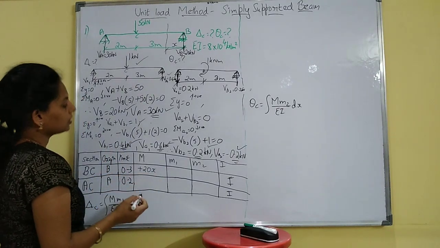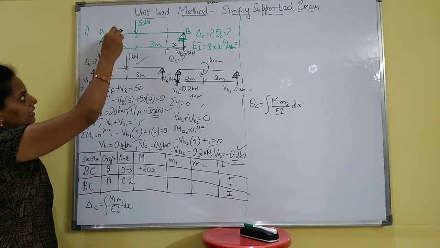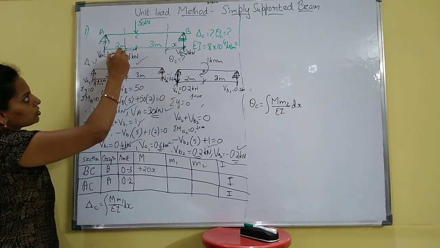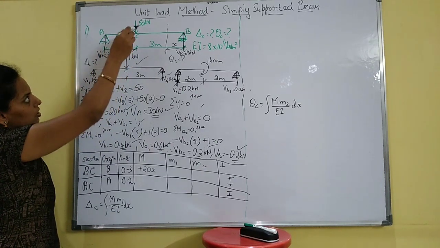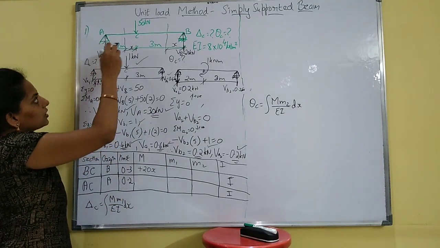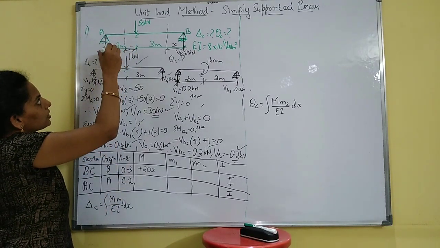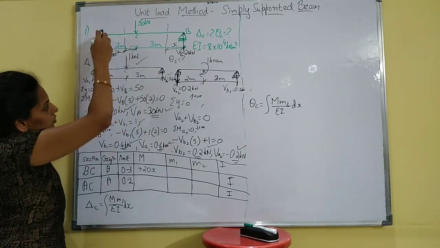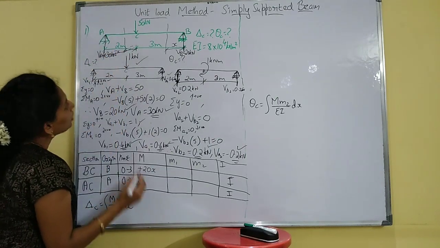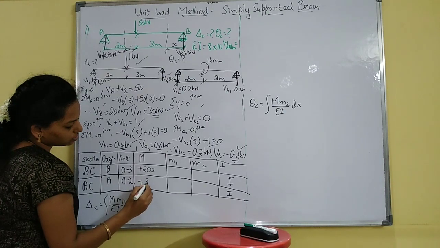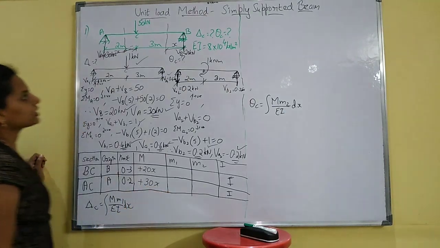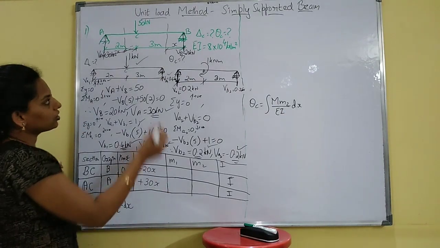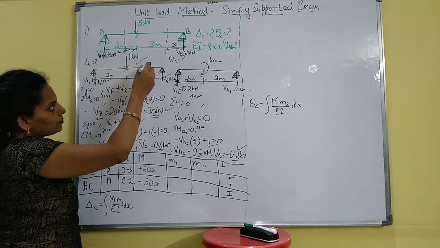Next for AC, draw the section here, with x measured taking A as origin. Again upward positive, so plus 30 into x. Similarly find out M1, which is for this diagram.